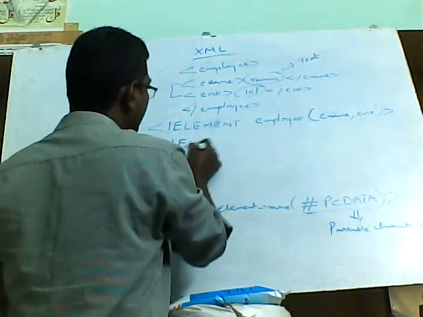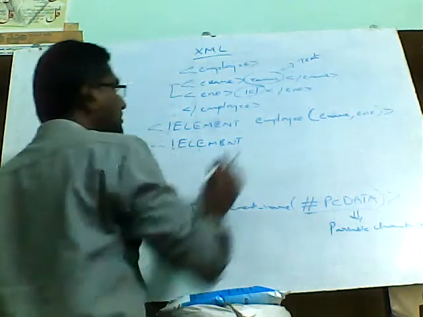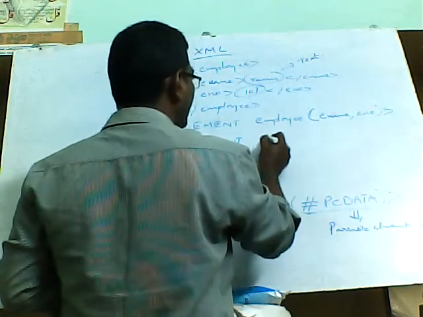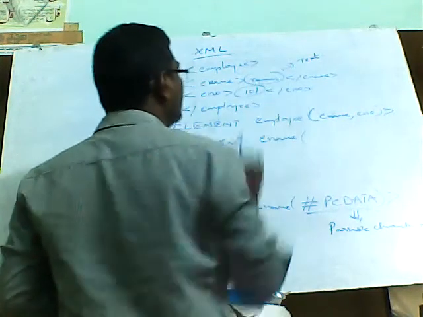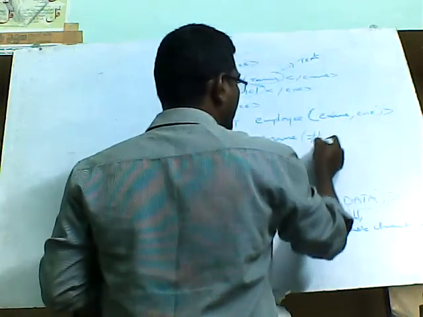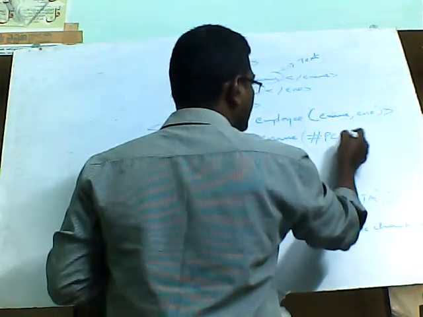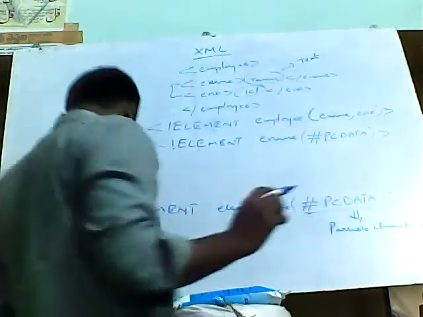That is exclamatory mark ELEMENT in capital letters. So what is the child element now? Name. And what is the data here? The text data. So if you want to represent the text data, you should write it as hash PCDATA. No need to write any data. Just write like that.